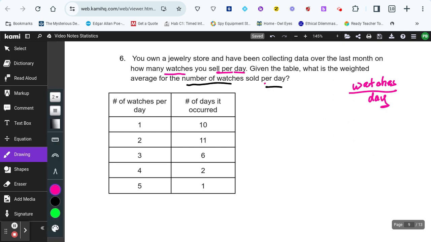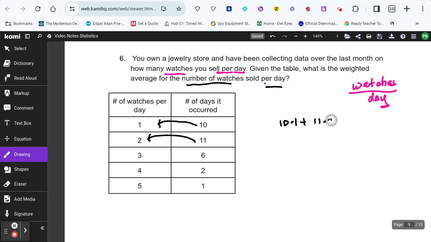So let's take a look at this frequency table. For 10 days, one watch was sold. So one is going to appear 10 times. For 11 days, 2 watches were sold. So that 2 is going to appear 11 times.